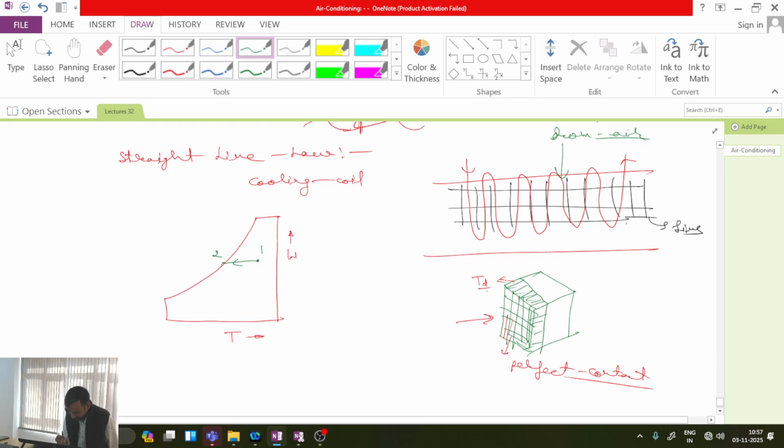Dehumidification. So dehumidification along this line. And if this was the temperature of the cooling coil, let's consider T3 is the temperature of the cooling coil. And I am saying that I have perfect contact everywhere, so I will be able to achieve this process.